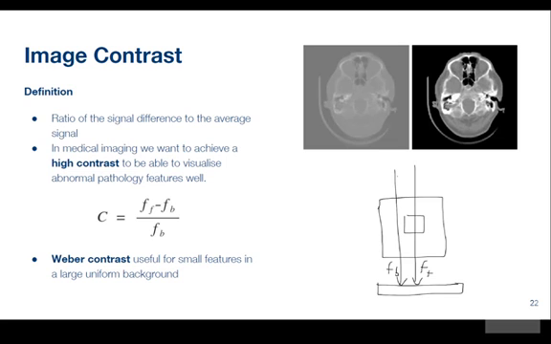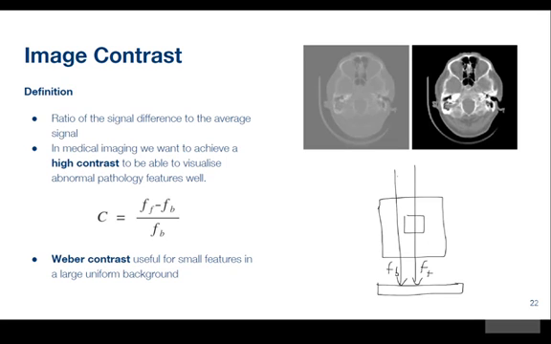Okay. So it's essentially the ratio of the signal difference to the average signal. The simplest way to define this is we have an object and inserted in it. So imagine this is soft tissue or water equivalent. We have an insert, which could be bone, could be lung.